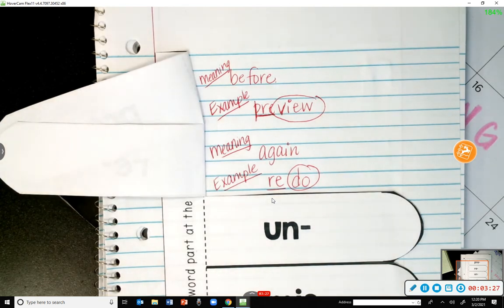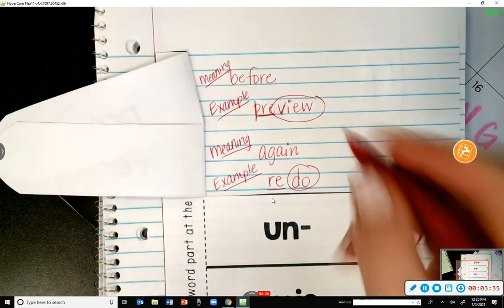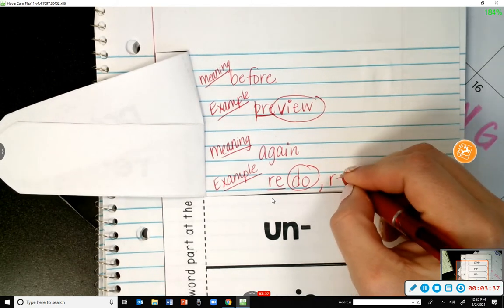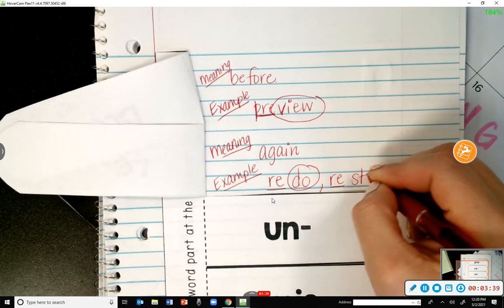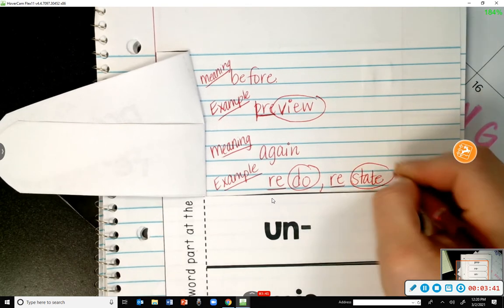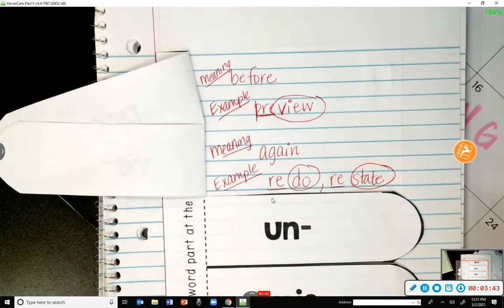Okay, if I have to restate the question, what does that mean? Restate. The prefix is re, and state means to say it. Okay, so you have to say the question again. Okay, re means again.